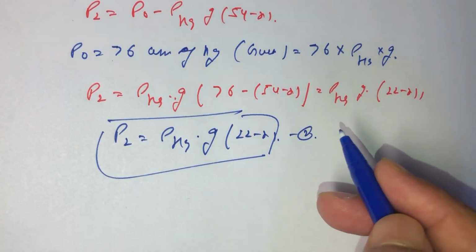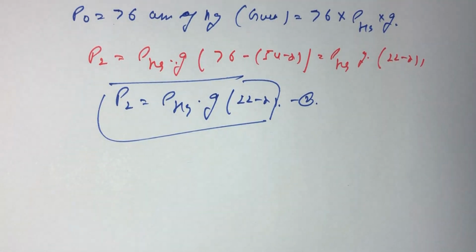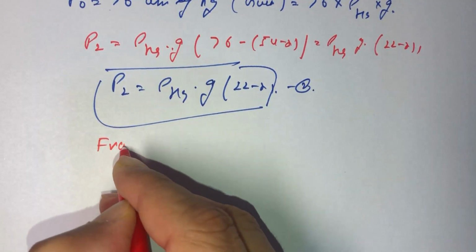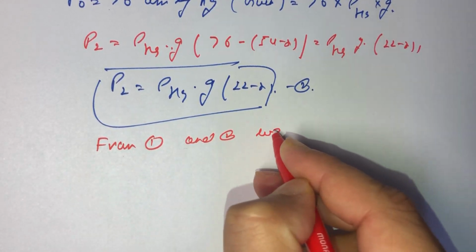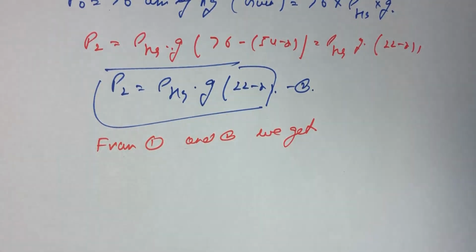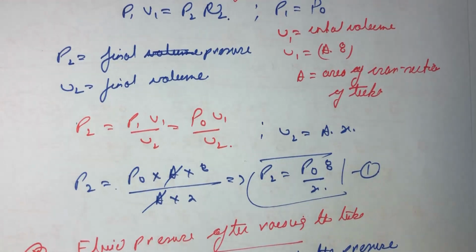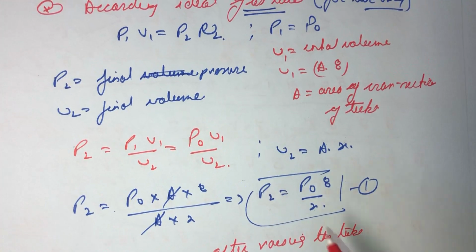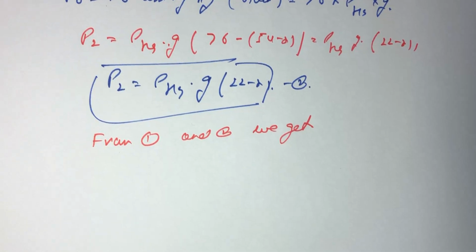So from equation 1 and 2, we get, and equation 1 is our P2 is equal to P naught times 8 upon x. So both are pressure P2, so we can equate the right side as well.